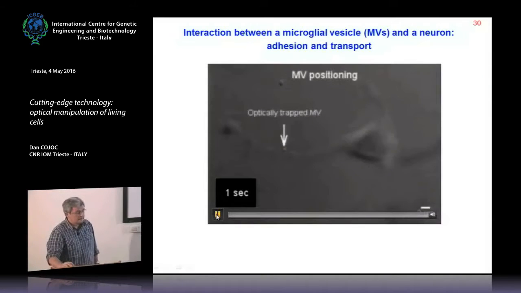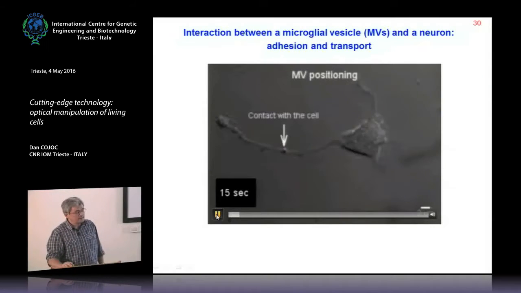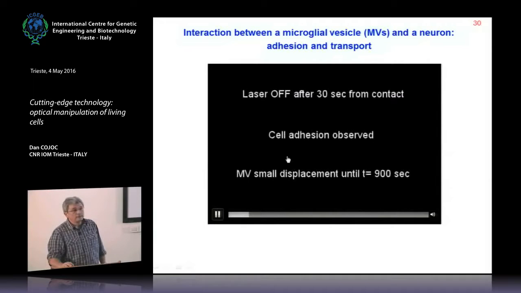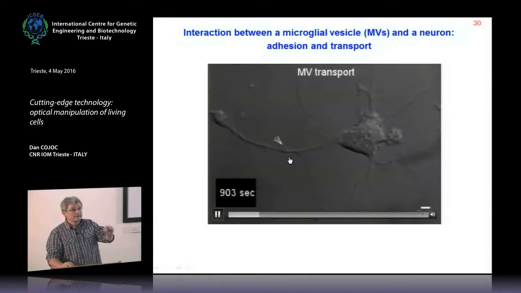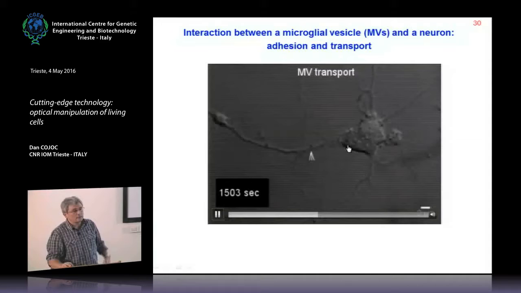Then we repeat these experiments also with neurons. We place these extracellular vesicles on neurites, and then we let them interact without the laser light. And we see that the vesicle always moves on the neurite toward the cell body.